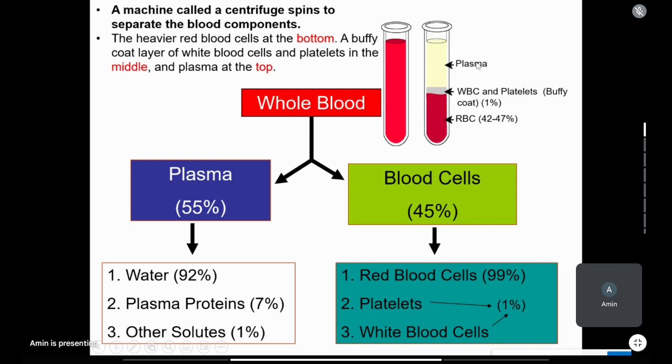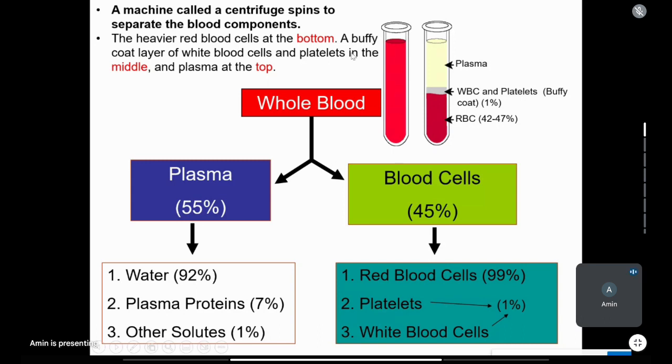Here the extracellular fluid or extracellular matrix is plasma. Here are the cells: white blood cells, platelets, and red blood cells or erythrocytes.